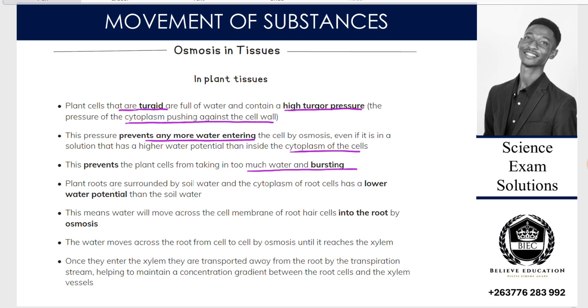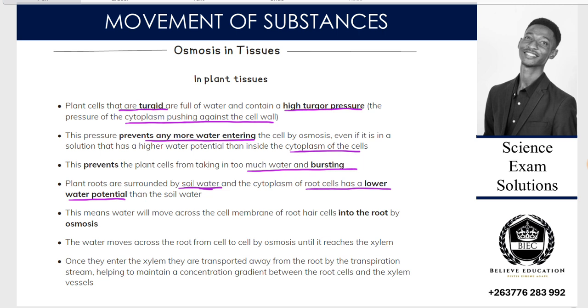Then plant roots are surrounded by soil water, and the cytoplasm of the root cells has a lower water potential than the soil water. So if it has a lower water potential than the soil water, then the water in the soil would have to go to a region of lower water potential, that is inside the root cells.